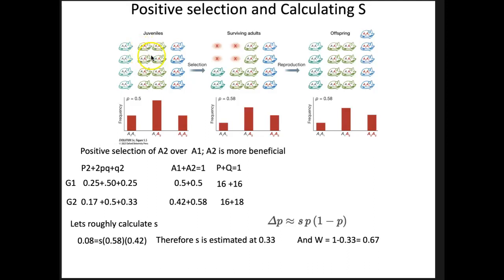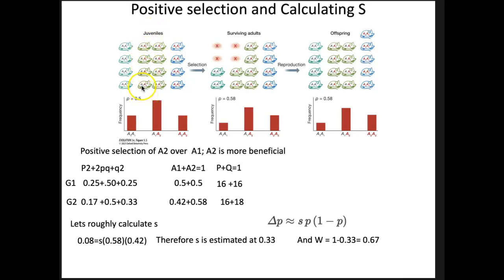Now we're looking at the population on the left, the juveniles that are starting out. We have 4 turquoise rats that have A sub 1 as their alleles for this particular genotype. Then we have 2, 4, 6, 8 heterozygotes.